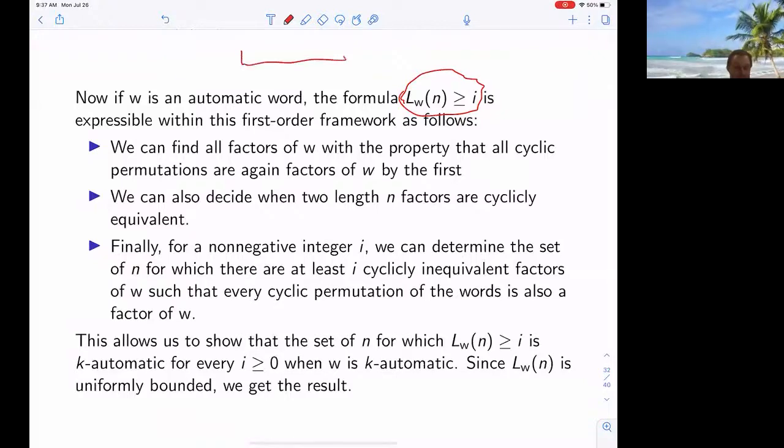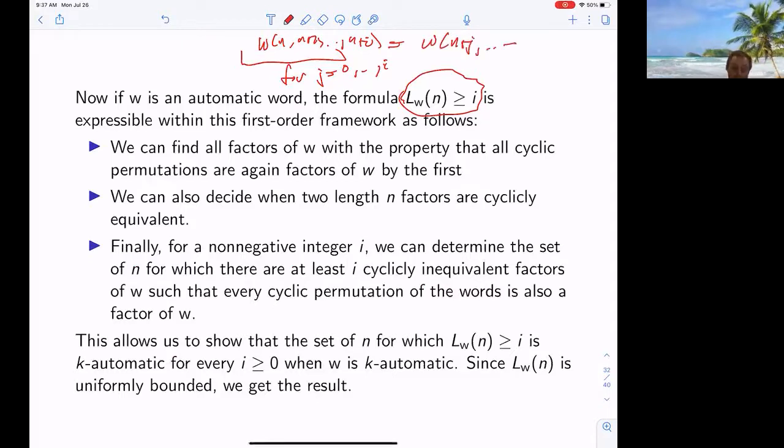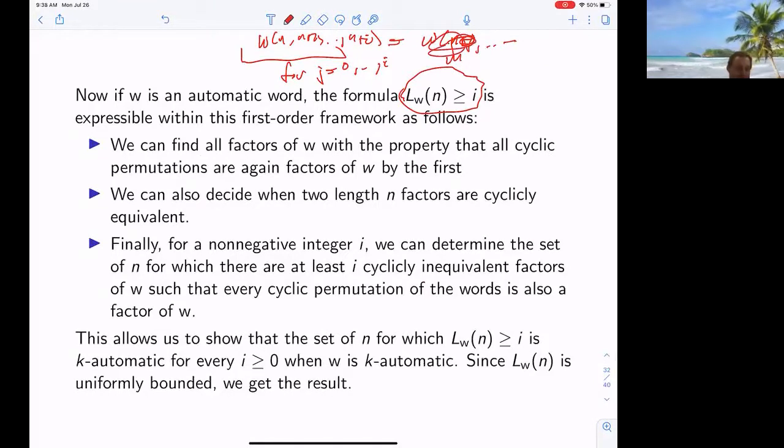You're looking at W of n, n plus 1, up to n plus i, and you look at all shifts for each j from 0 to i. If ABA is a factor, I can check that, and I can check BA, and for each word of length i, there's only i cyclic things to check, so I can make some expression that says these are all factors.